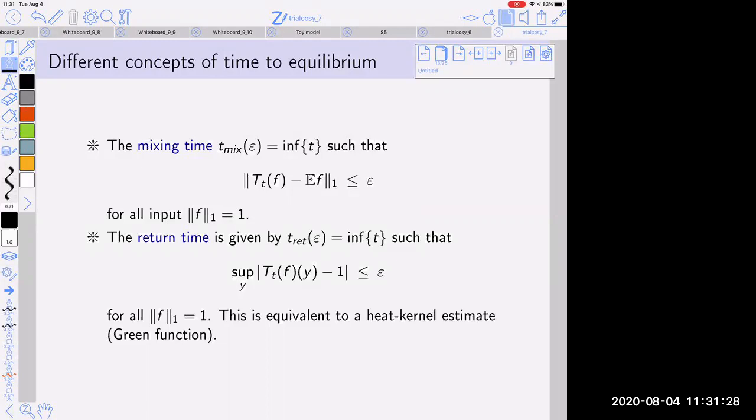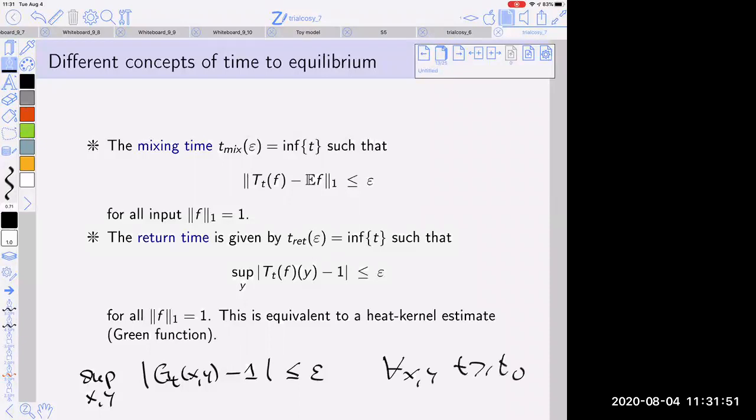And we can ask for the return time: how long does it take until the supremum of the Green function in x comma y is less than epsilon for all x, y, and t bigger than t0? So this is the return time. And of course, the return time is larger than the mixing time. Which one is the decoherence time? I leave that to you.